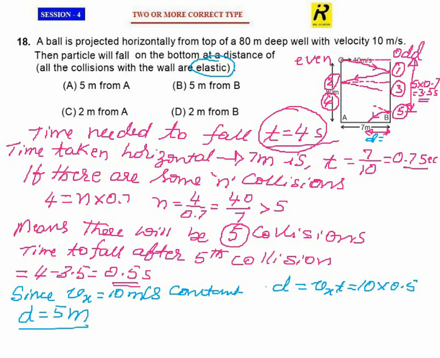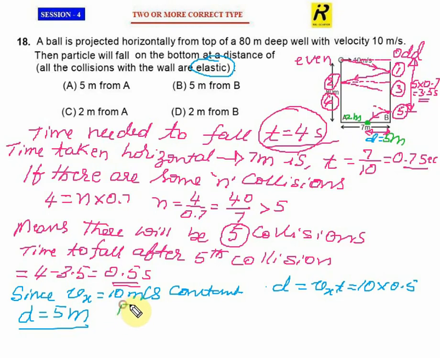The conclusion is that the ball will hit this point in the picture at a distance of 5 meter from B, and from A in total this is 7 meter. If this part from here to here is 5 meter, this should be 2 meter.